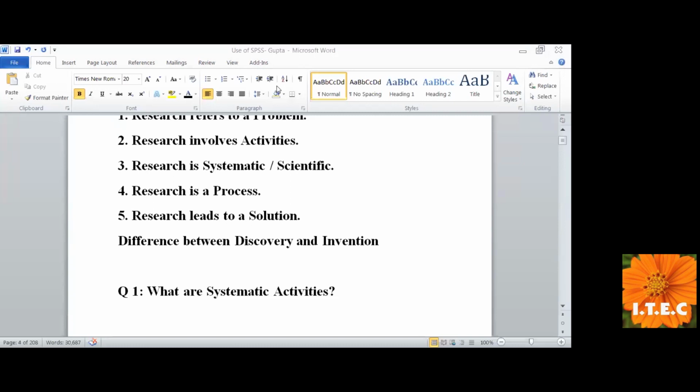What can be the other difference between discovery and invention? I'm waiting for another difference between discovery and invention.